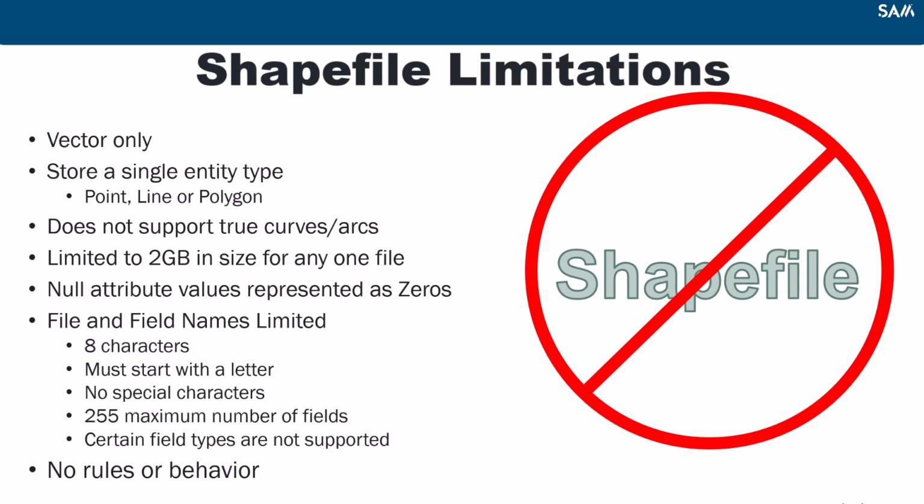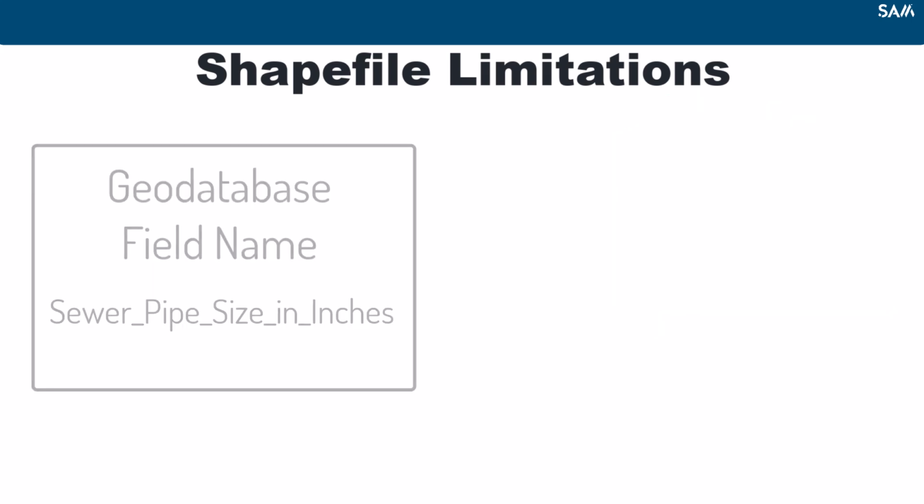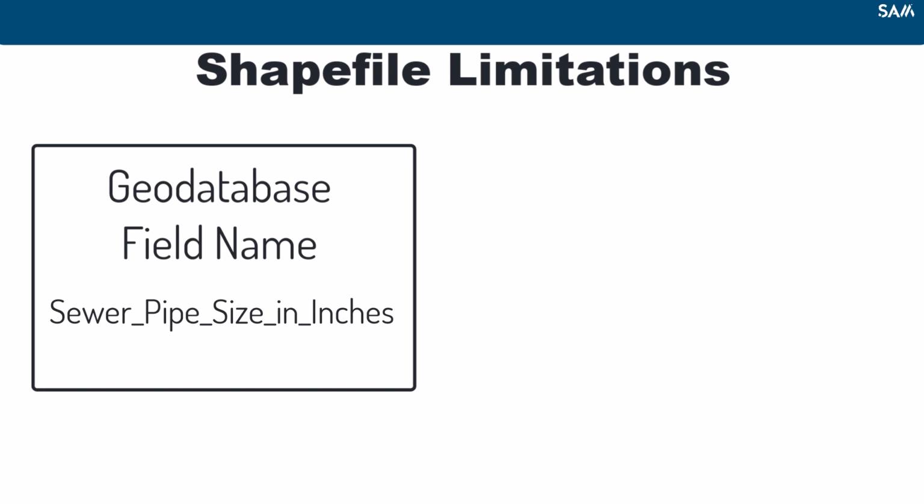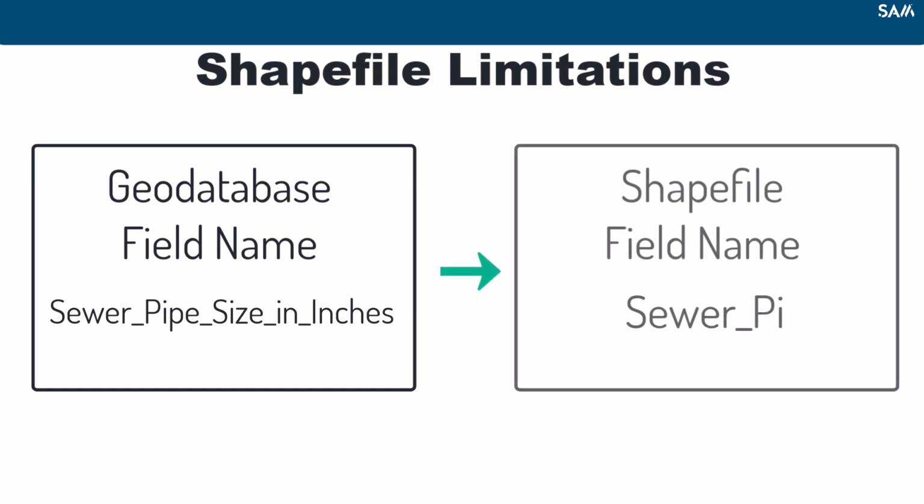If you're looking at your data that you're going to export, and you look at, for example, the field names, you may have a field name in the attribute table that's longer than those 8 characters. When you go to export from the geodatabase into the shapefile format, that field name that's longer than 8 characters is going to get shortened.